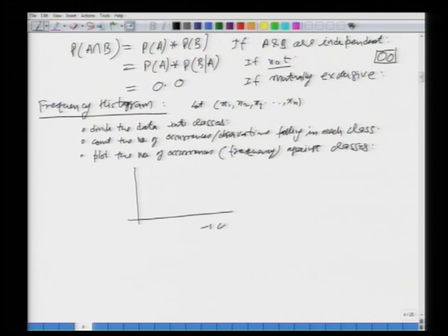This is your classes, which will represent the magnitude of your random variable, and this is your frequency, or it could be in terms of the number of events or occurrences in that class. You would see that this is normally done in the form of a bar chart.